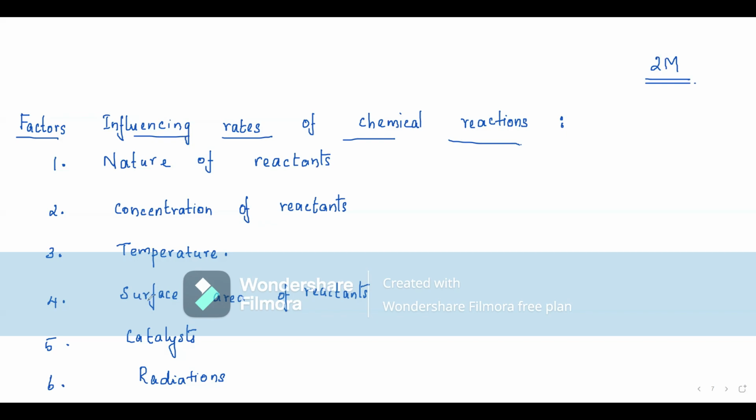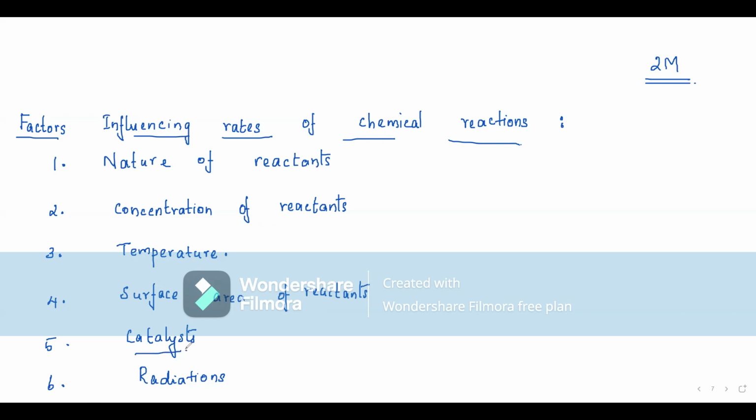What is the difference? When you powder, the surface area is increasing. So, the more the surface area of the reactant, the easier it is to dissolve or to react.